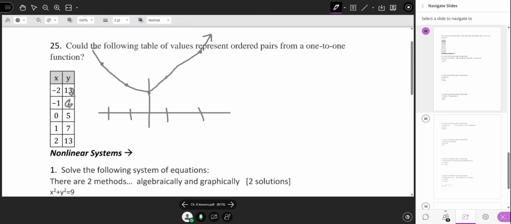Would that pass a horizontal line test? I had no repeats, but if I was to draw a smooth curve, that doesn't pass a horizontal line test. So you got to be careful with this problem.